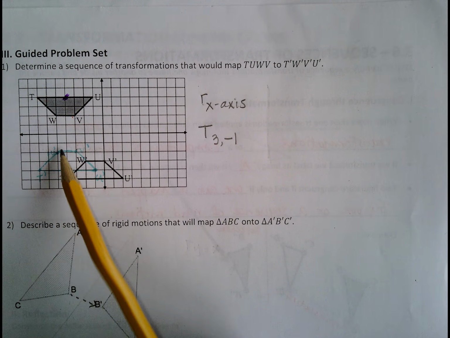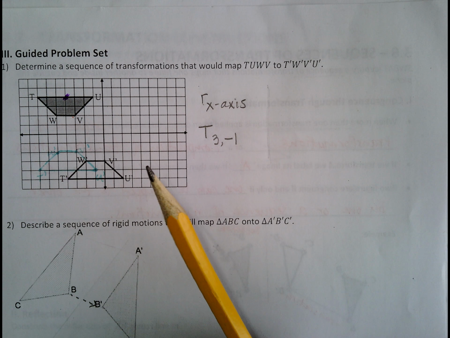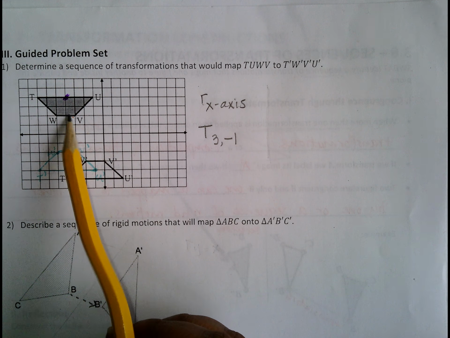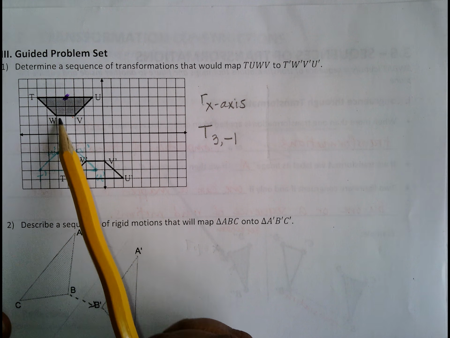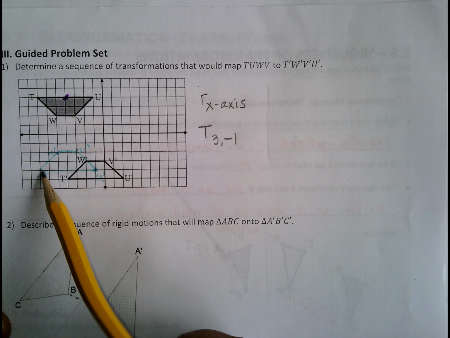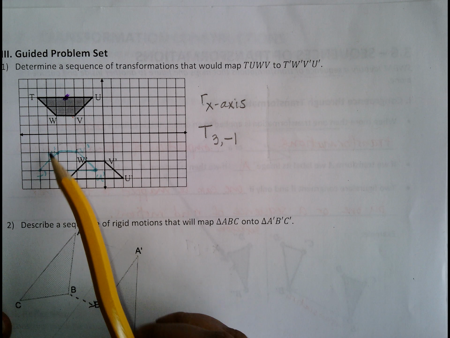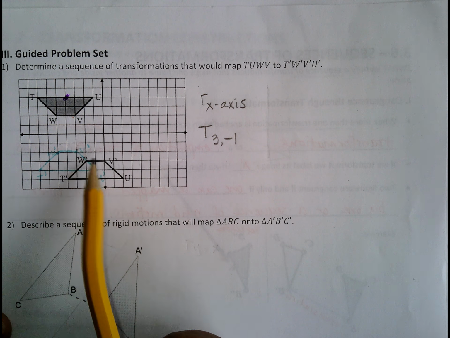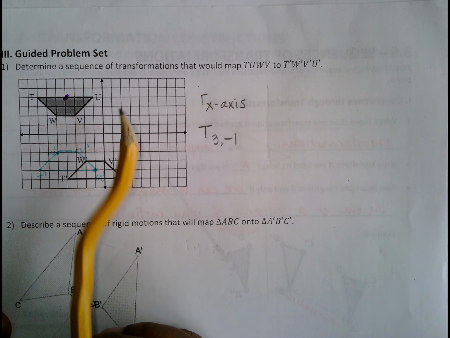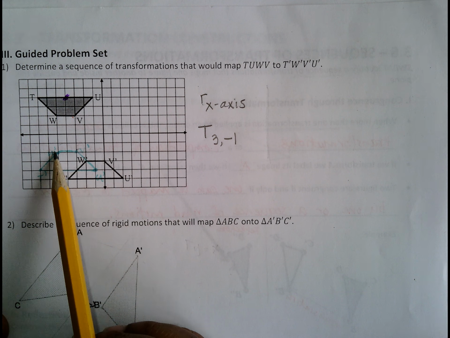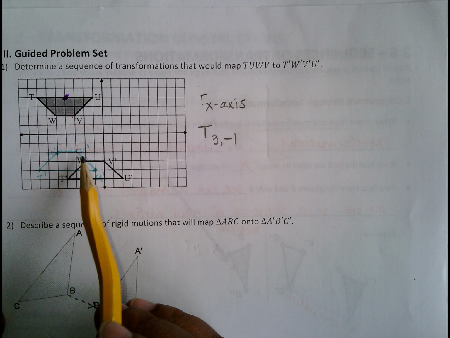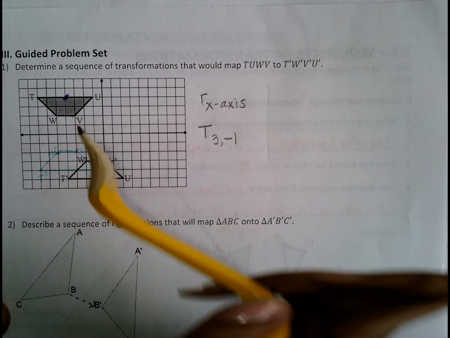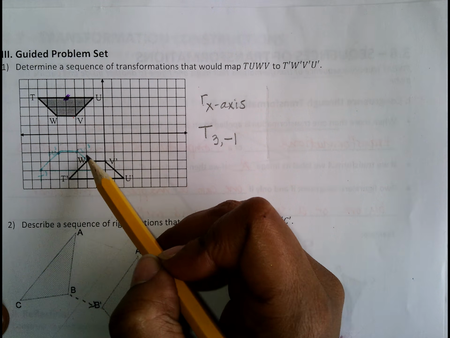So I looked at this and I was very clear that there was a reflection because it looks like this figure flipped, okay? So I did the reflection first. So, of course, these are the coordinates after the reflection, okay? But then I noticed that the image is over here. So in order for me to slide it so that W prime coincides with W double prime, I counted 1, 2, 3 to the right, down 1.